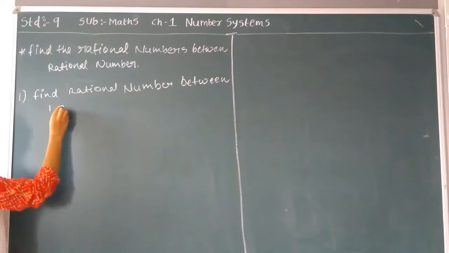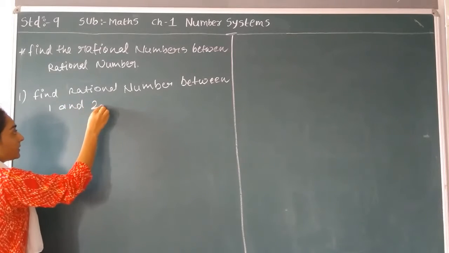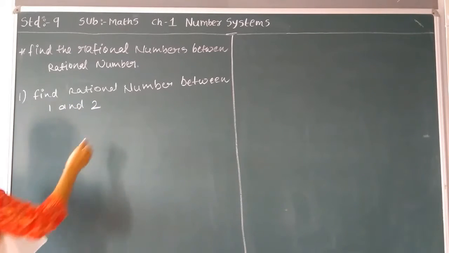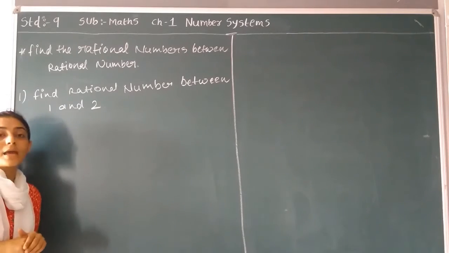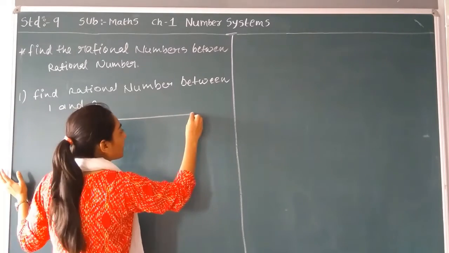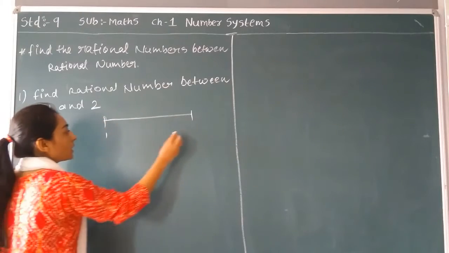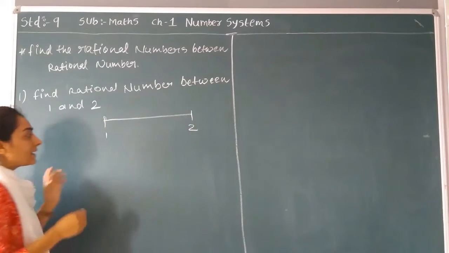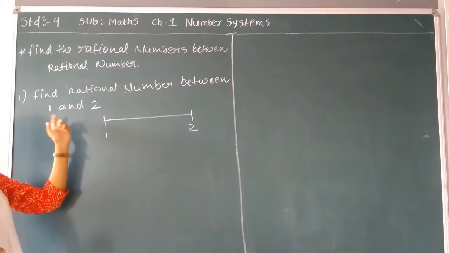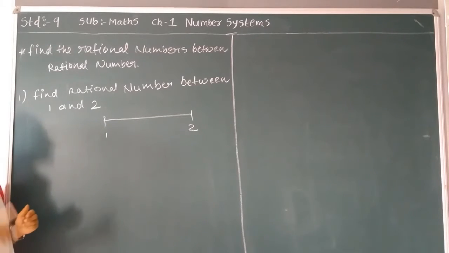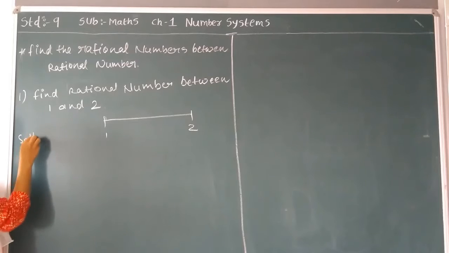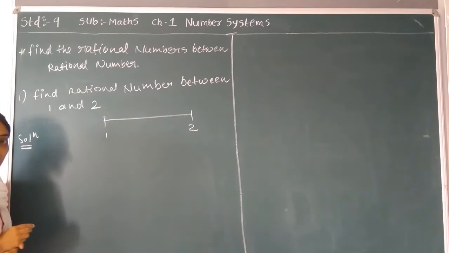The question says find the rational number between 1 and 2. If you draw a number line with 1 and 2, then we have to find any number between this 1 and 2. So we can use the average method.